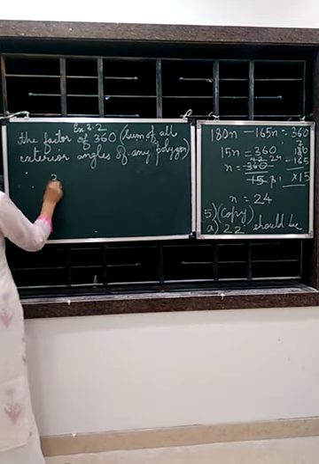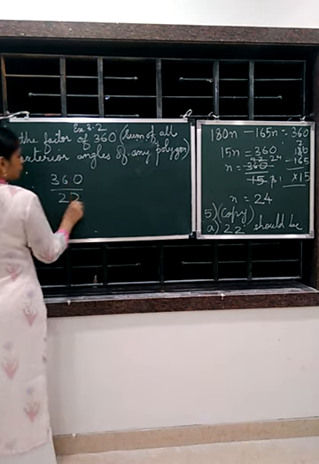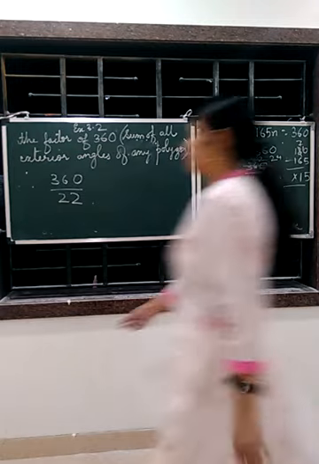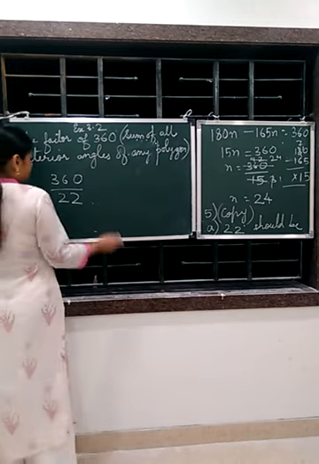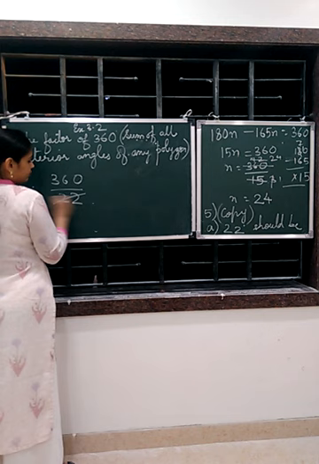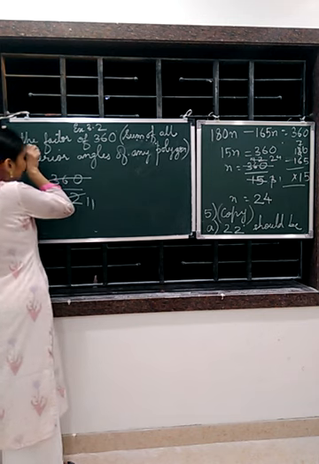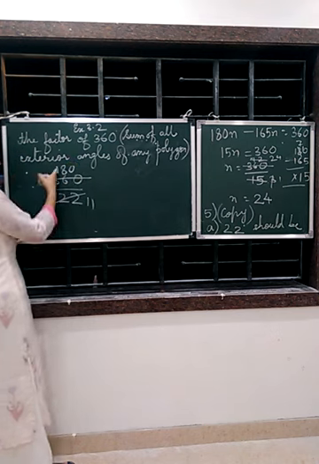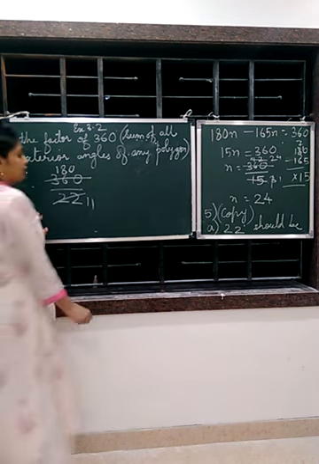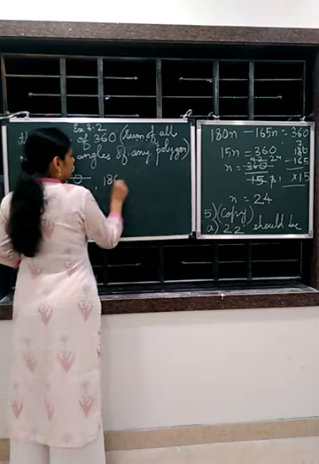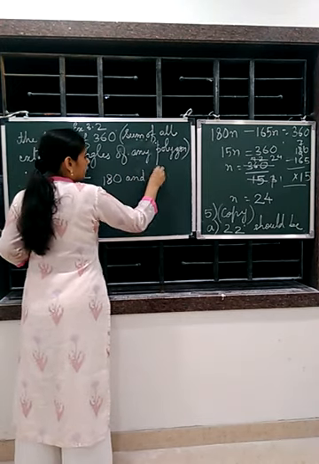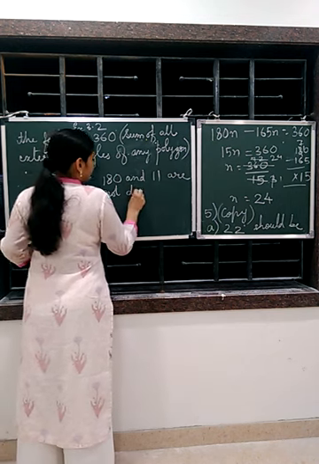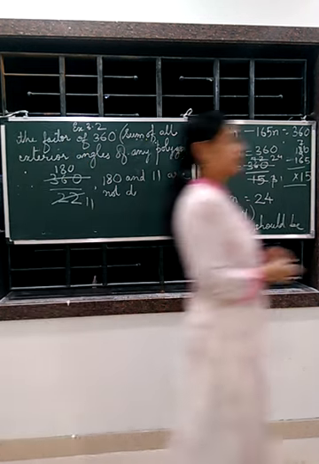Therefore when we divide 360 by 22, the remainder should be 0. So both will go by 2. Now this 11 and 180 are not divisible. Yes, 180 is not divisible by 11.